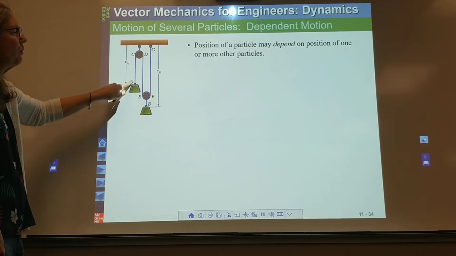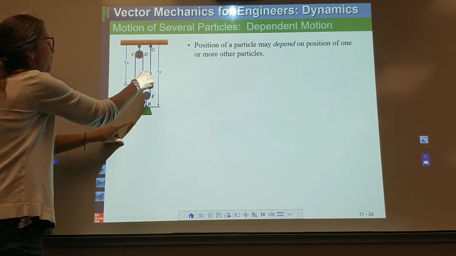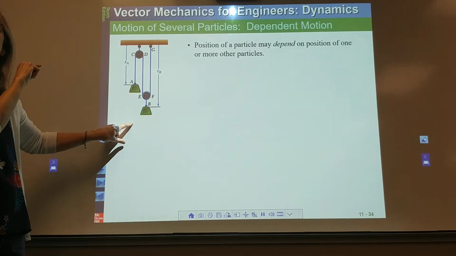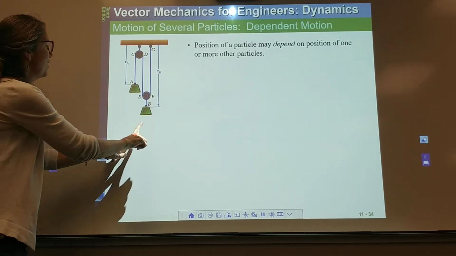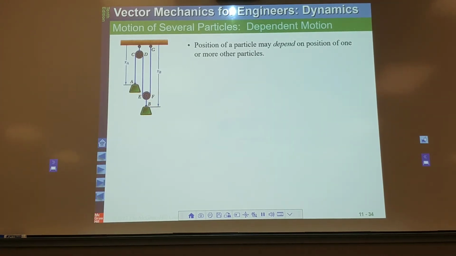So this has one rope, and that 1 meter then has to be dispersed between 2 sides of this. So if this moves 1 meter down, this is going to move half a meter up. Okay? Because that length of rope gets distributed on 2 sides of that pulley.